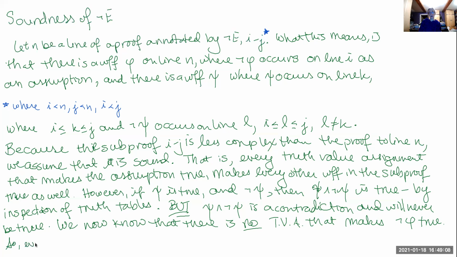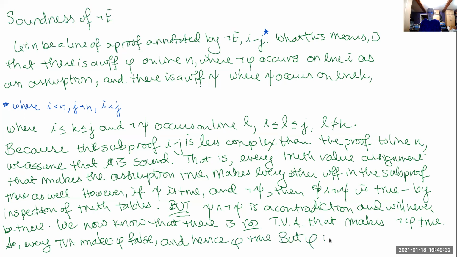So what we know is that every truth value assignment will make not phi false, and hence phi true.